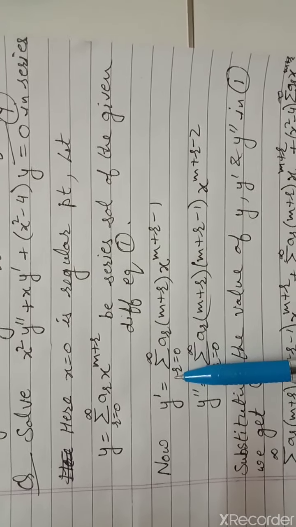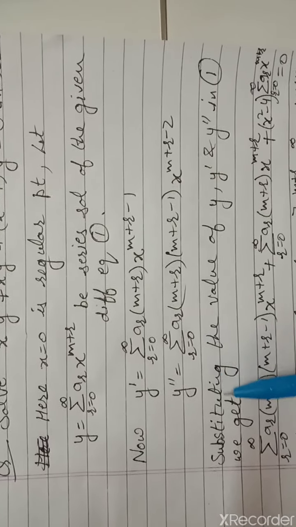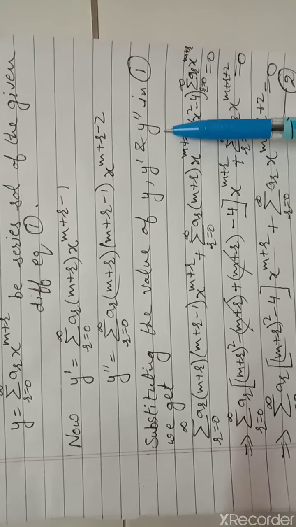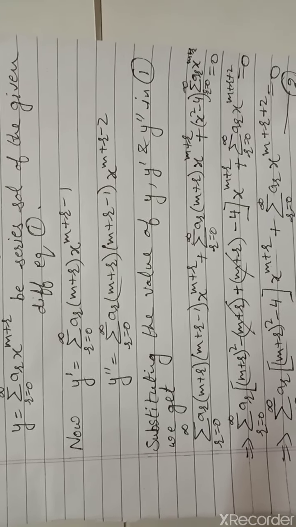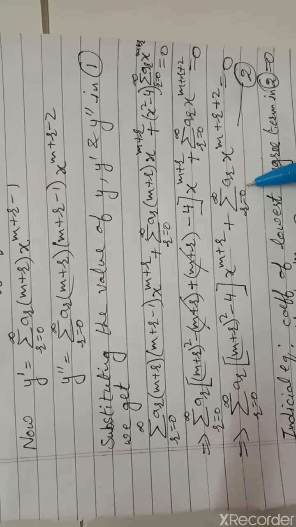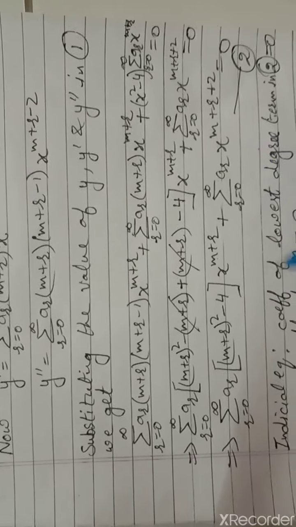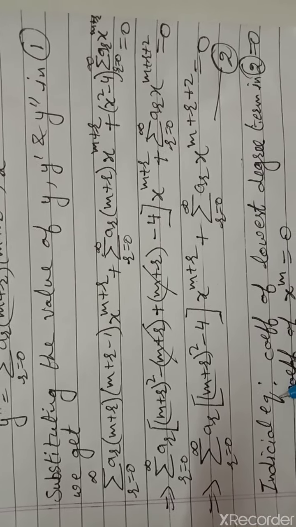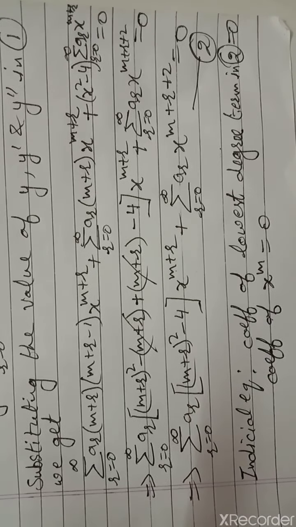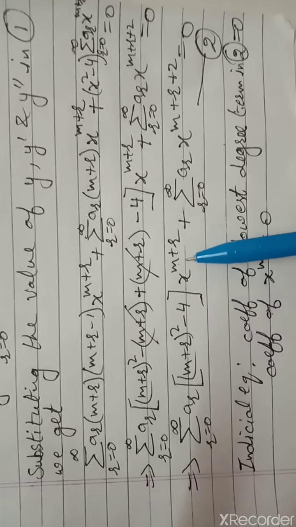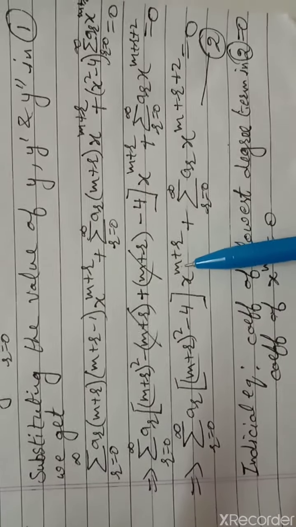We calculate y dash and y double dash, substitute the values of y, y dash and y double dash in the given differential equation, and simplifying we get equation number 2. From this equation we calculate the indicial equation. Indicial equation means the coefficient of the lowest degree term is equal to 0. The lowest degree is m.